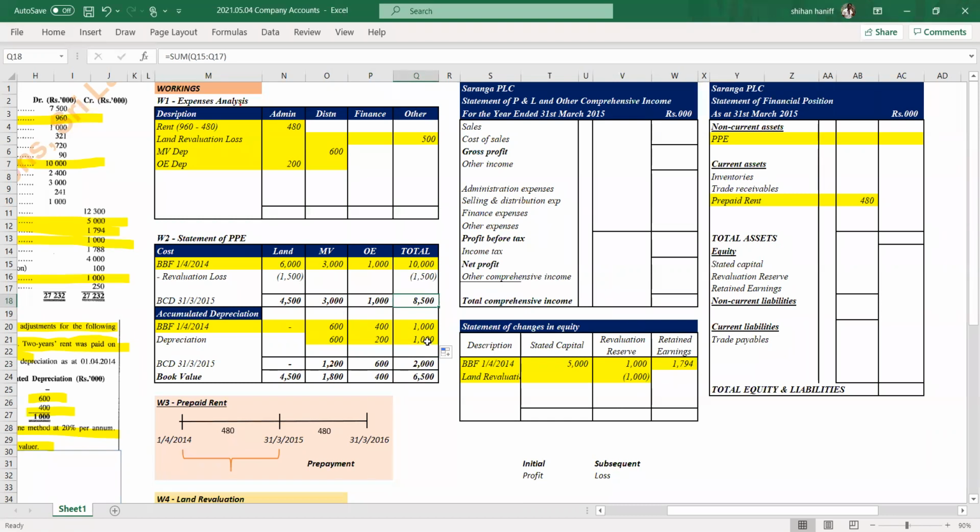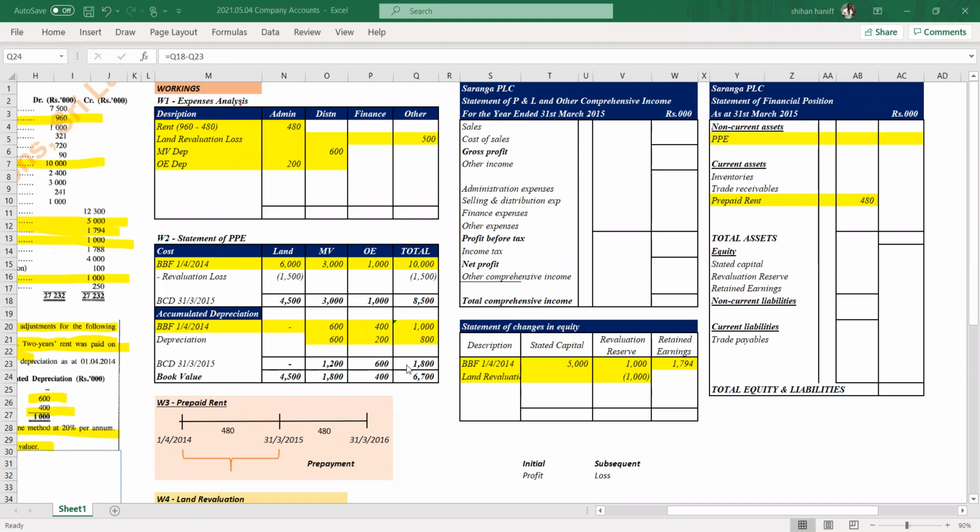So depreciation total is 800, right? Yes. Okay. Yes, yes. I have not taken the equation. Yeah, right, right. Correct. Depreciation total is 800. Yes, that's correct.